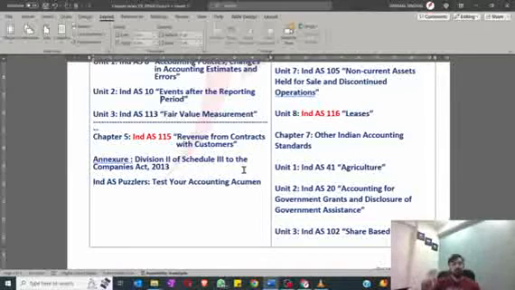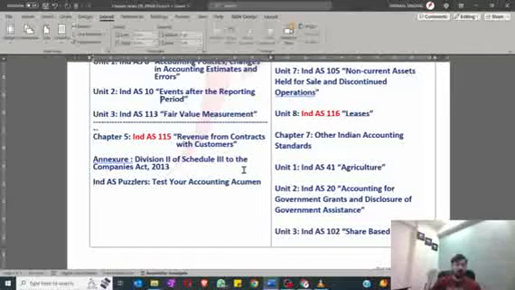Division 1 covers those entities which apply accounting standards on their books, and Division 2 deals with the preparation of the financial statements of those entities which apply Ind-AS, Indian Accounting Standards, on their books.